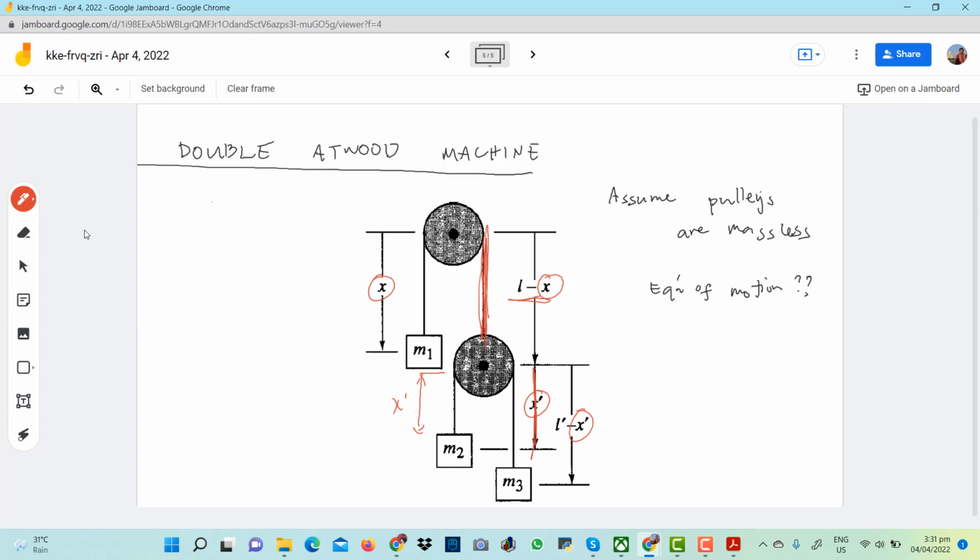So take note of the distances. Let me resolve this so it is clear.